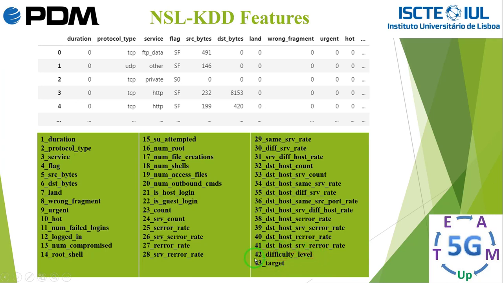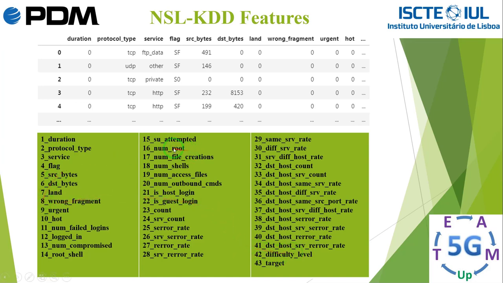So some NSL-KDD datasets contain 41 features to use as input and one feature as a target for classification, and some of them contain 42 features and one target for classification.